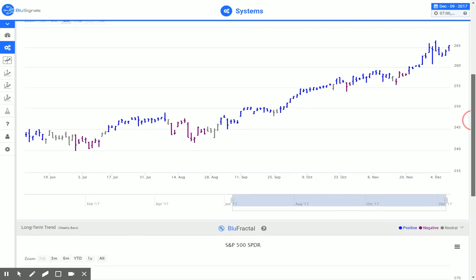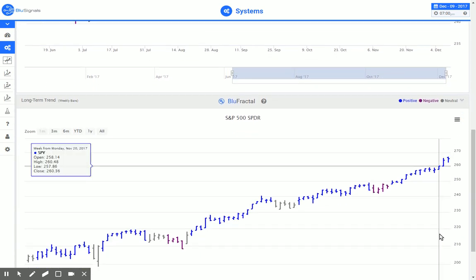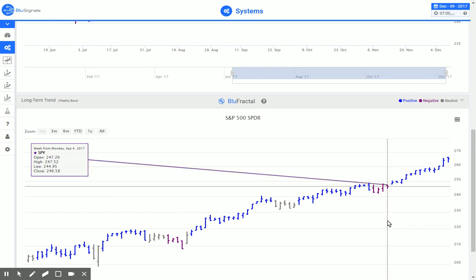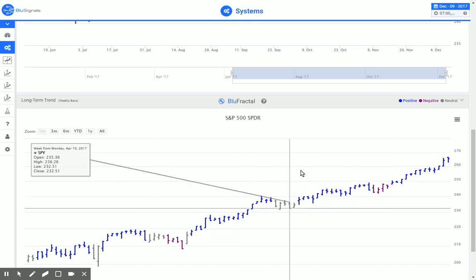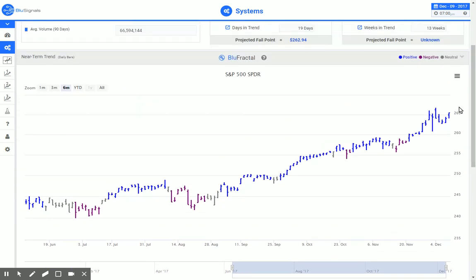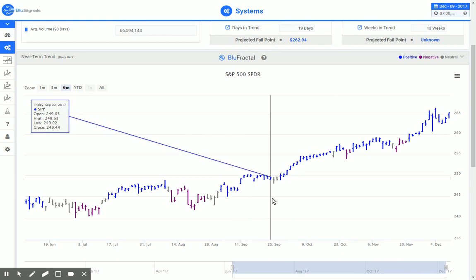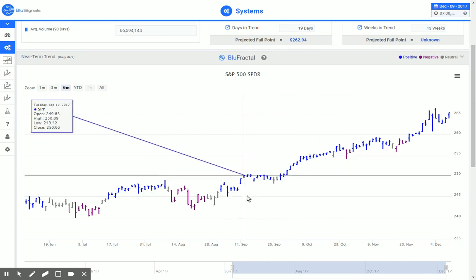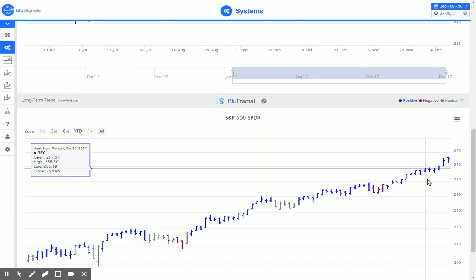Again, playing these systems in conjunction with one another is very important to improve upon the probability of success. For instance, if you find in the weekly chart a transition point, like we have here on September the 11th, oftentimes you can come back to the daily chart and take aggressive positions to the upside with the confidence in knowing that you've just begun a new long-term trend.